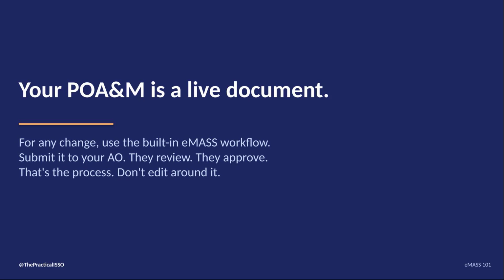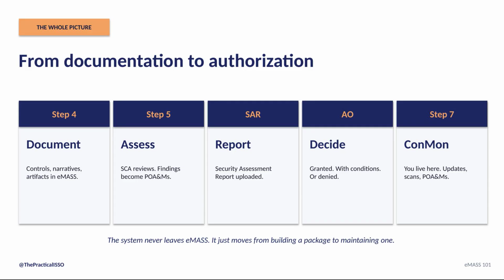This is the process. Here's how everything you've just seen connects to your ISSO. Once your controls are documented, statuses are set, narratives are written, and artifacts are uploaded, your package moves to Step 5. Assess. Your SCA gains access to your system in eMASS, reviews your controls and records their findings.